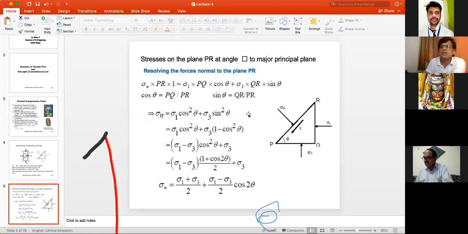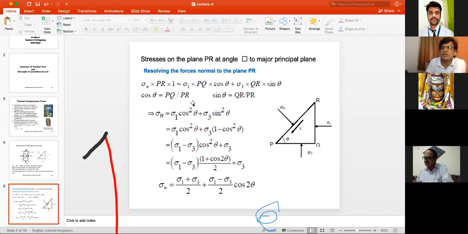Then let us analyze the free body diagram of this one. Stress on the plane PR, at an angle theta to the major principal plane. Now let us resolve the forces normal to the plane PR.